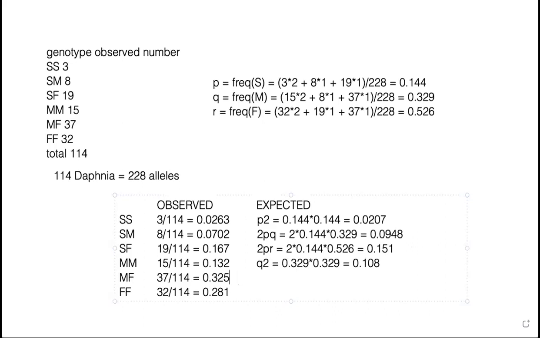The frequency of the MFs is 2QR, which is going to be 2 times 0.329 times 0.526, which is going to be 0.346.